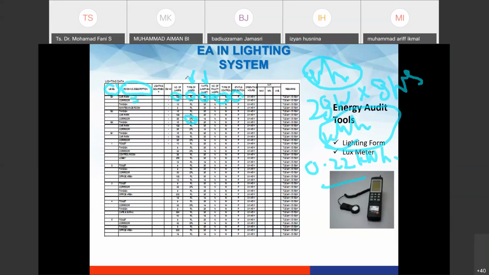Okay, the unit, how many units here? Multiply with units, 122 units. So for this car park, for 1 day, the energy consumption is approximately 27.33 kilowatt hour.